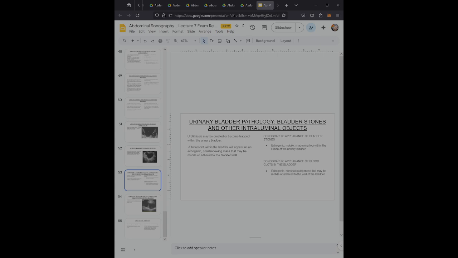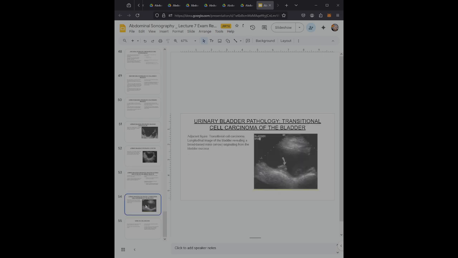Bladder stones or urolithiasis may be created or become trapped within the urinary bladder, and they appear as echogenic mobile structures that produce posterior acoustic shadowing. Blood clots may also be noted within the urinary bladder.